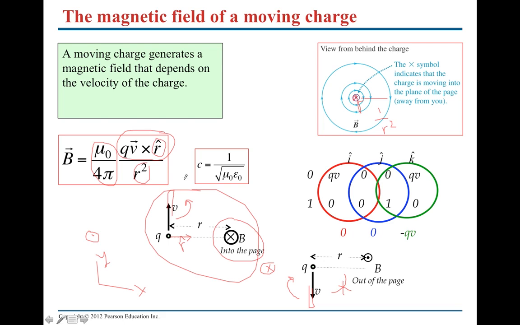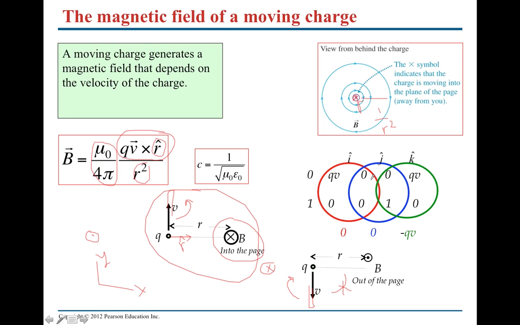So my Q times V is along Y, so this is I hat, J hat, K hat, then 0, QV, 0, and then I repeat the first two. And my r hat in this case is along X, so that will be 1, 0, 0, and then I repeat the first two, and then I do the cross product directly.